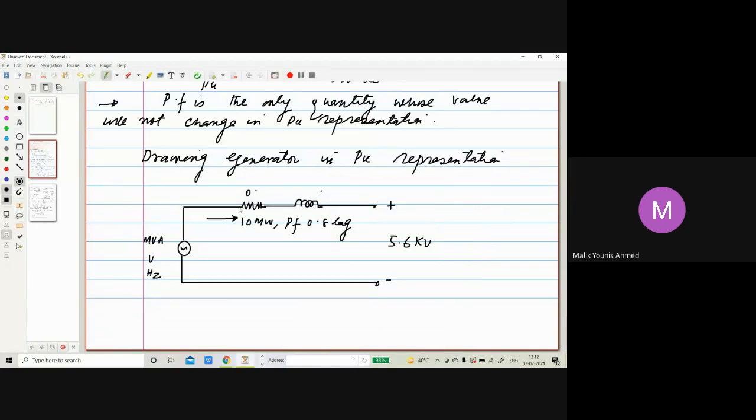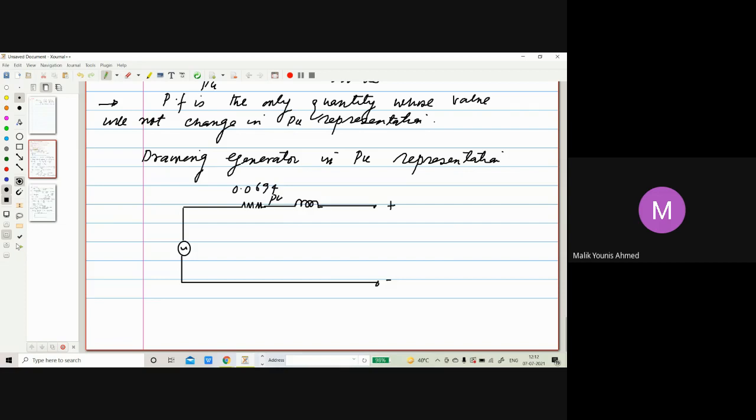So what we need to do is change these values. So this was here, the value was what? 0.00694.